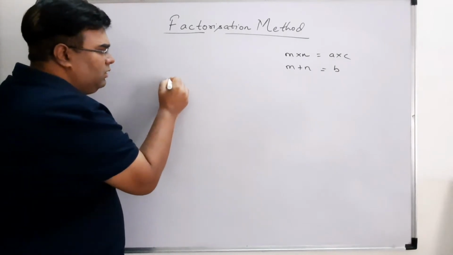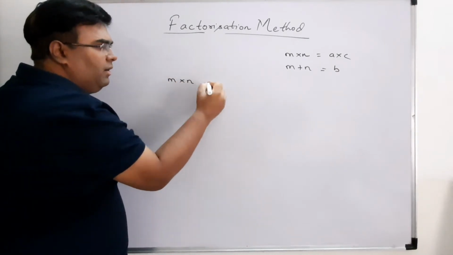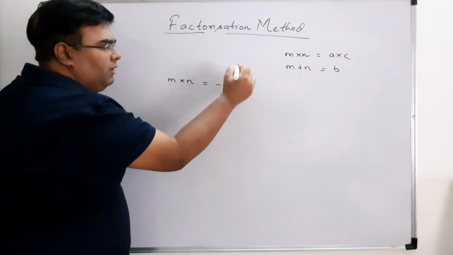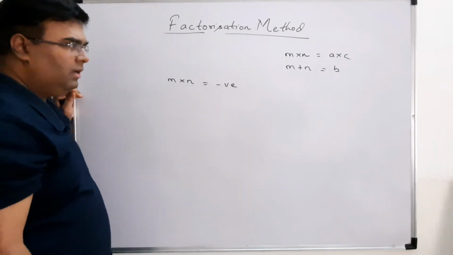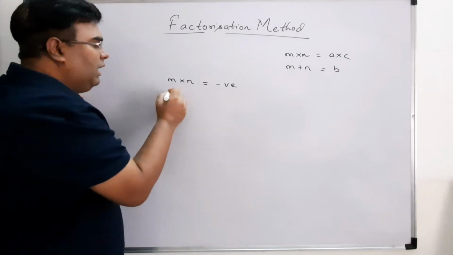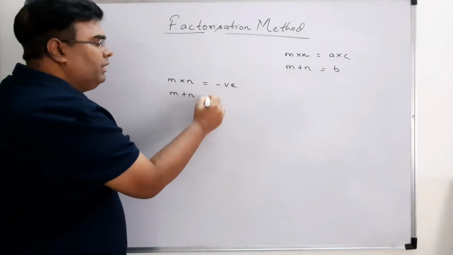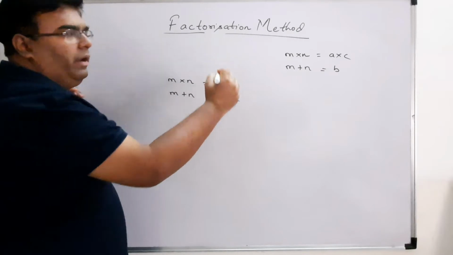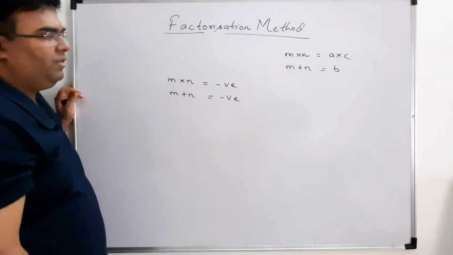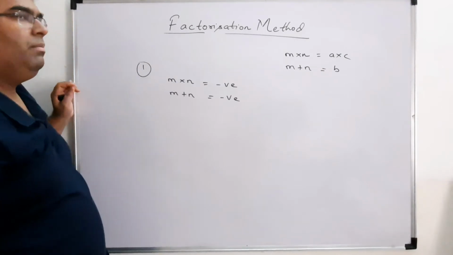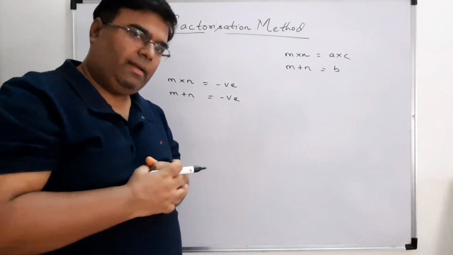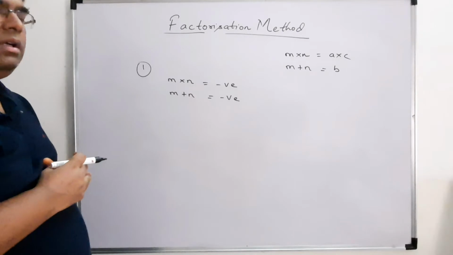Suppose M multiplied by N is a negative number, and M plus N is also a negative number. Then what will happen? Let us see. This is the first case. M multiplied by N is negative and M plus N is also negative.